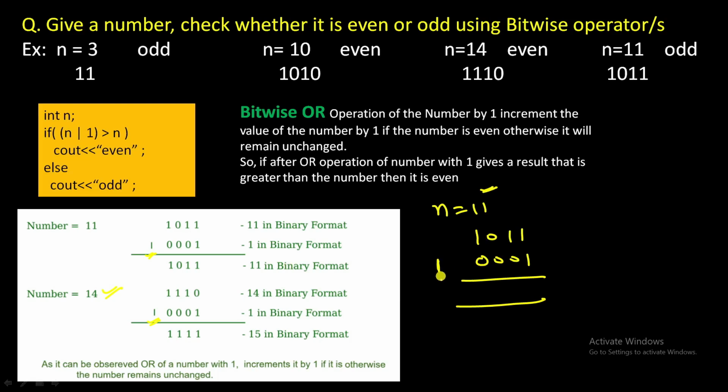Now if you apply the bitwise OR operator, what will I get? Bitwise OR says 1 OR 0 gives 1, 0 OR 0 gives 0, and 1 OR 0 is 1. Basically, if any bit is 1, then I will get 1 only. Here I am applying 1 on this 0th bit, so I'll simply get 1.